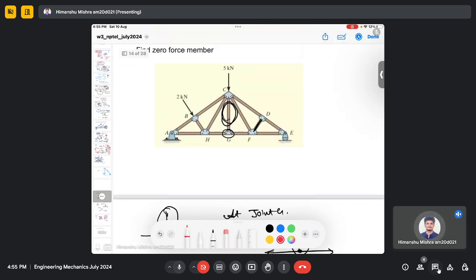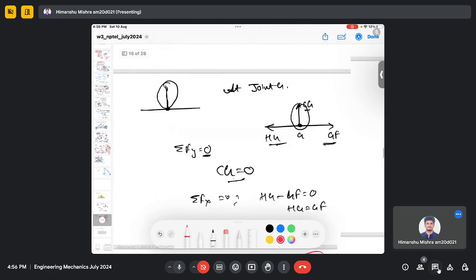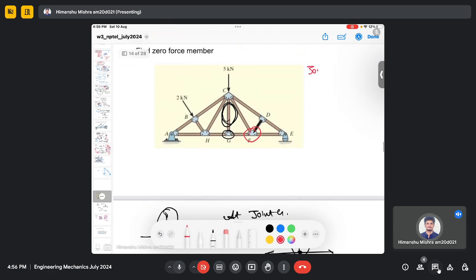Then you can consider joint F, this joint. Joint F. So this is F, this is D, this is CF, this is FE, and this is GF.